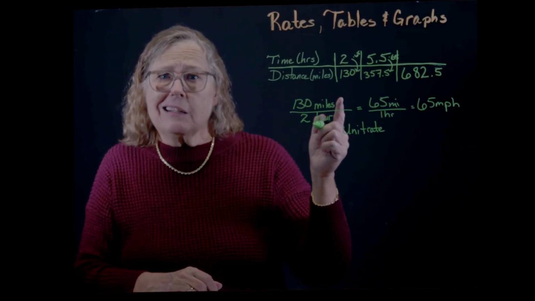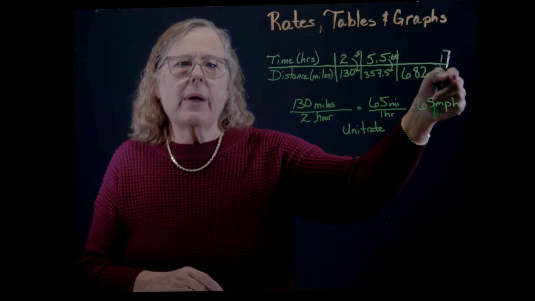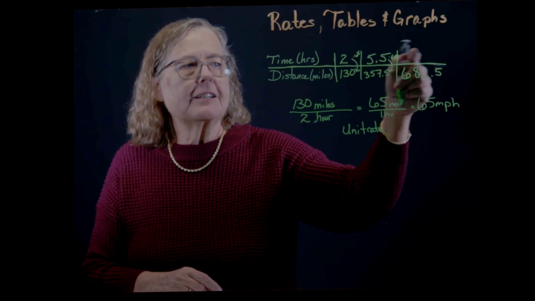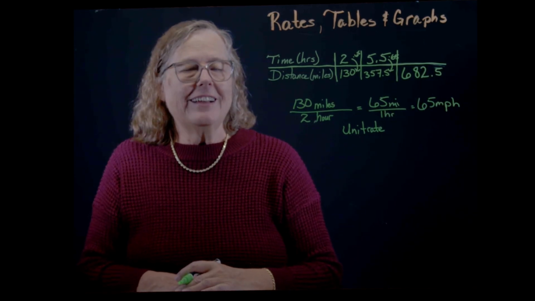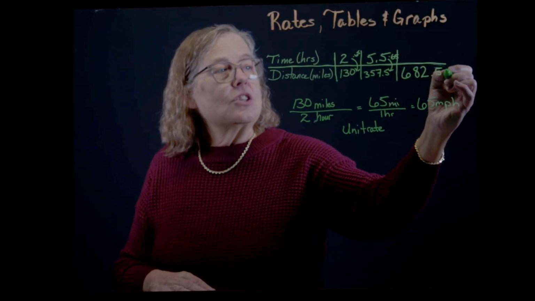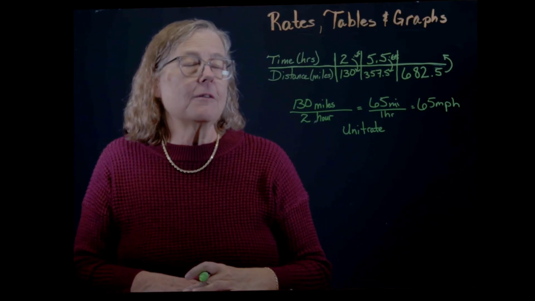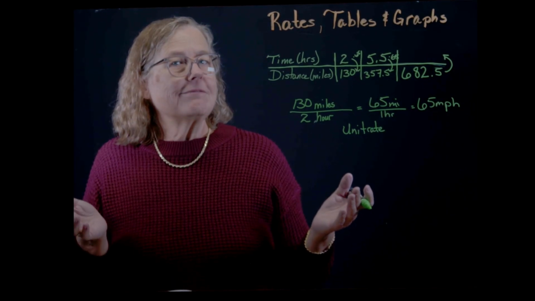Uh-oh, that's a little different. I'm not going down anymore. I'm going from a bigger number to a smaller number. What do you think we need to do now? Am I going to multiply? No. We're going the opposite direction. I need to fill in this opposite part on my table. So what is the opposite of multiplication?